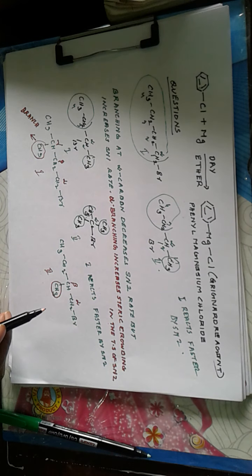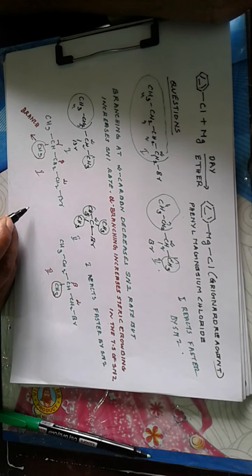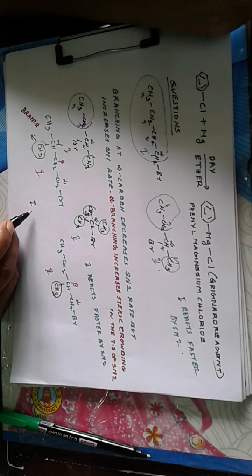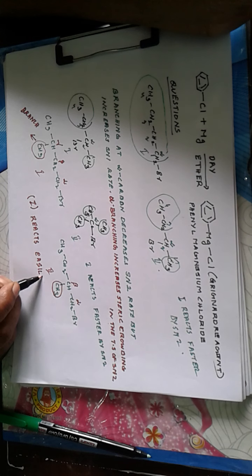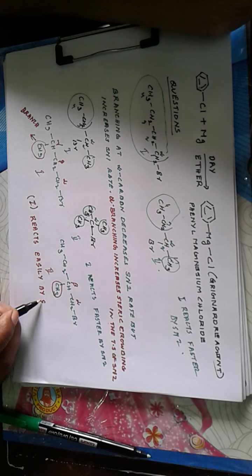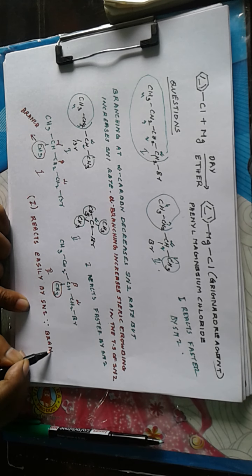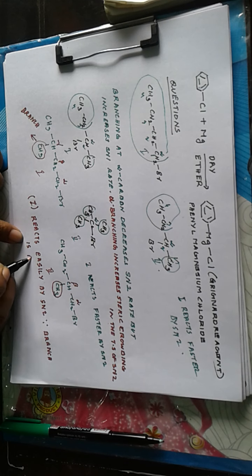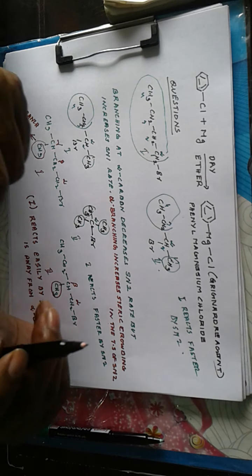So great steric crowding will be observed in the case of compound 2, because the branch is close to the alpha carbon, so that compound 1 can react easily by SN2 mechanism. 1 reacts because the branch is away from the alpha carbon. So that is the reason.